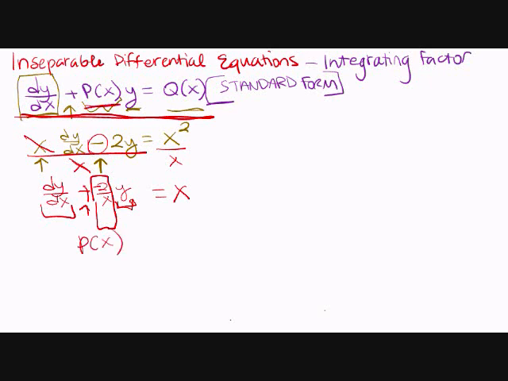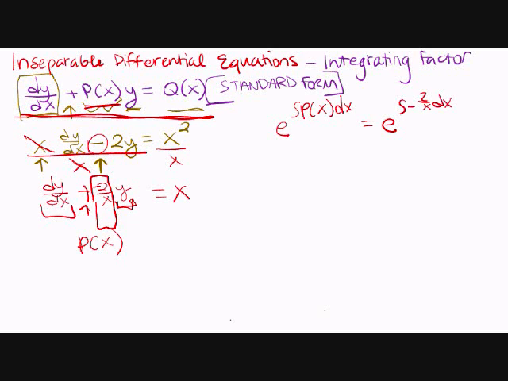That's the same thing as up there. Now we're going to find the integrating factor. The integrating factor in any differential equation is just e to the integral of p of x dx. In this case we said p of x is -2 over x.